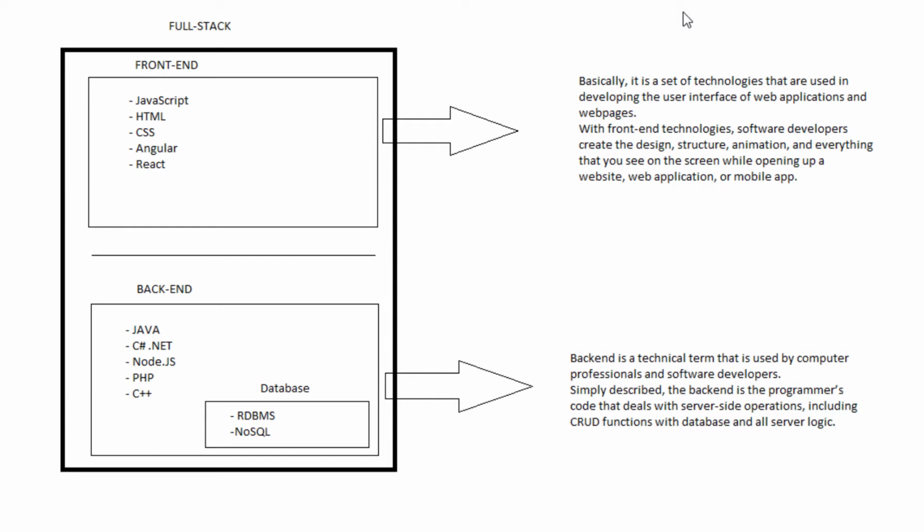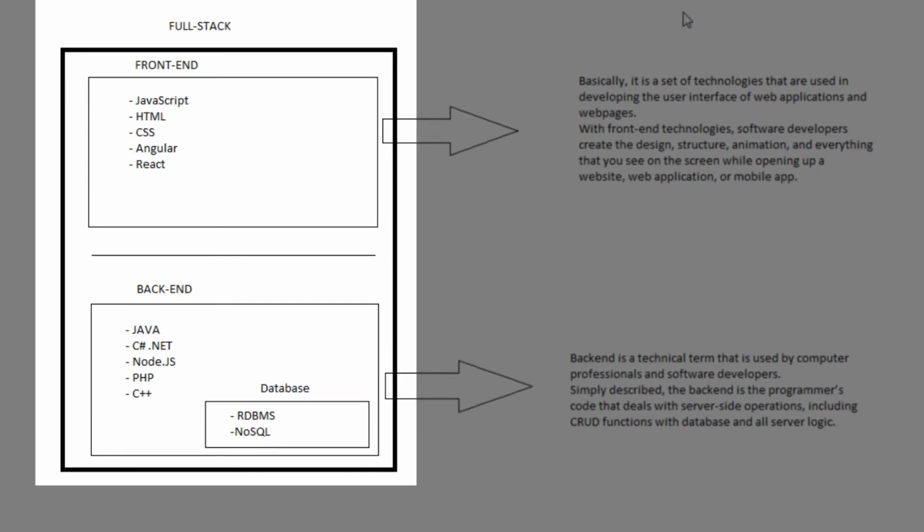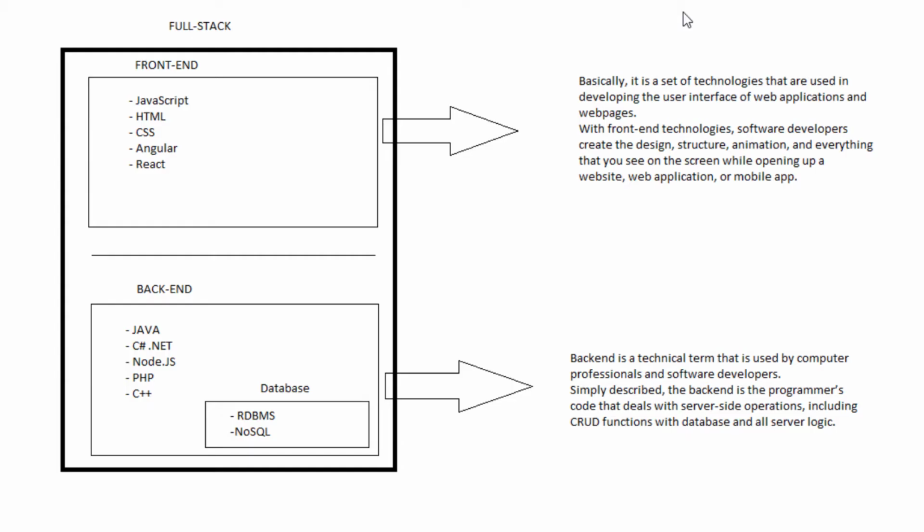Full stack is a choice where you can finish the whole software development cycle. This means that you can do the front end, the user interface, connect it to the backend, and in the backend you can save the data, and you have the full circle of software development.